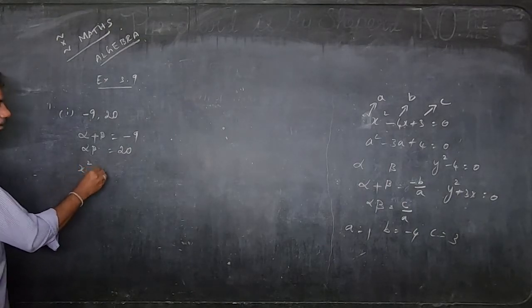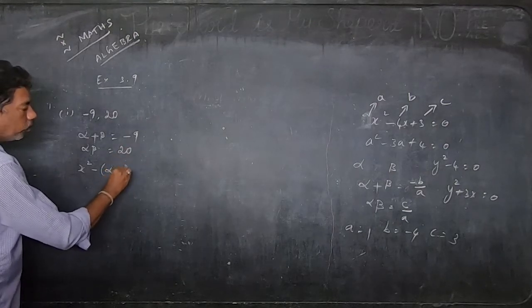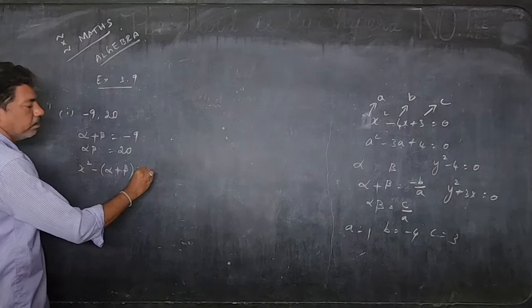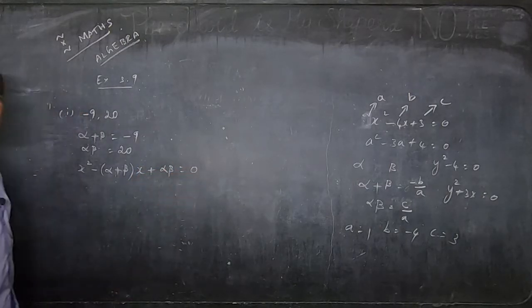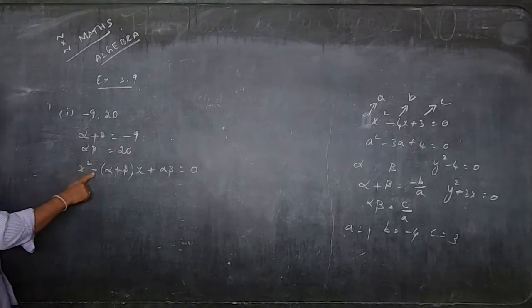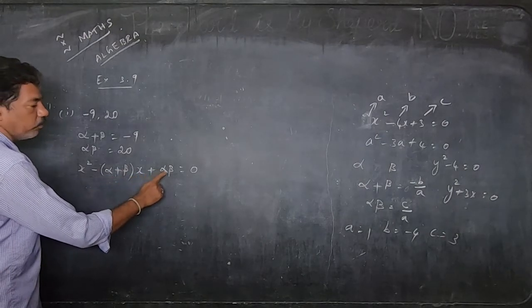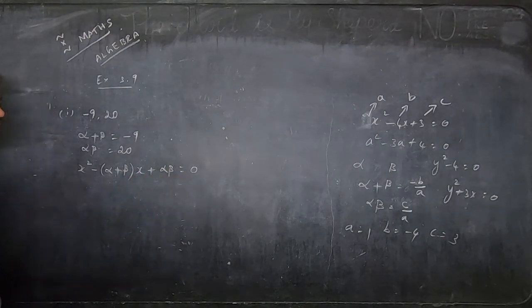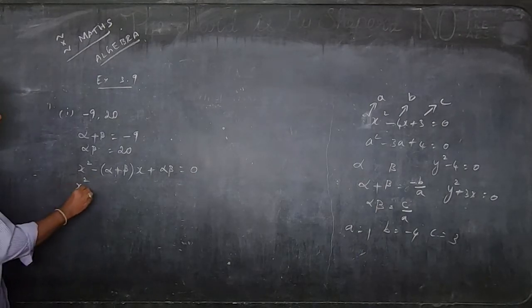X square minus sum of roots x plus product of roots equal to 0. This is one method to find it. Now, x square, what is the sum of roots?